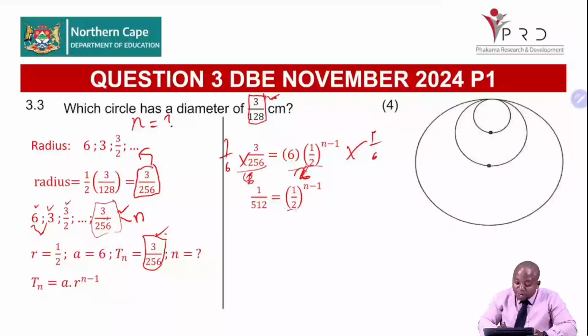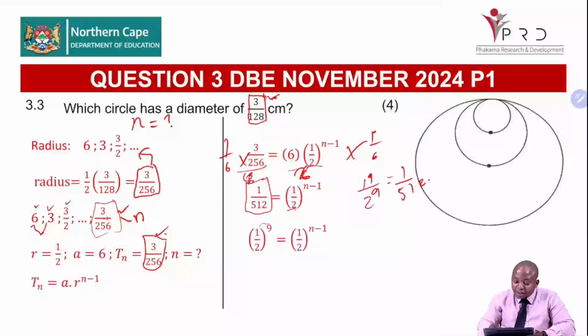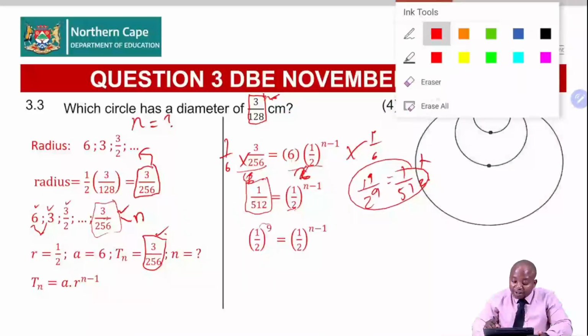I can work with the laws of exponents, where I'm trying to have the same bases in this case. And if I work with the laws of exponents here, I have 1 over 2 all raised to the power 9 in this case. Because remember, this is 1 to the power 9 over 2 to the power 9. This is going to be 1 over 512. So that is going to assist me in finding my answer there.